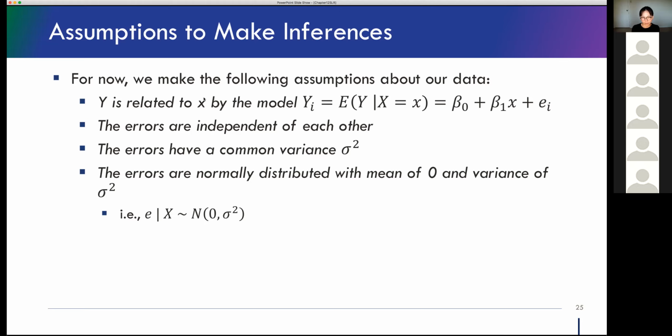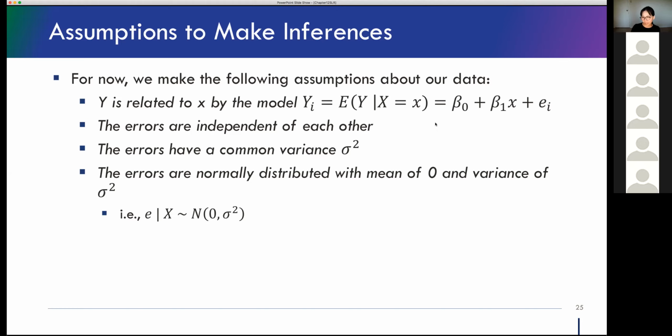So for now, we will make the following assumptions. We have this linear correlation: yi is related to xi in this way, by beta 0 plus beta 1 xi, a linear line. And the errors are independent of each other, and they have a common variance, sigma square.